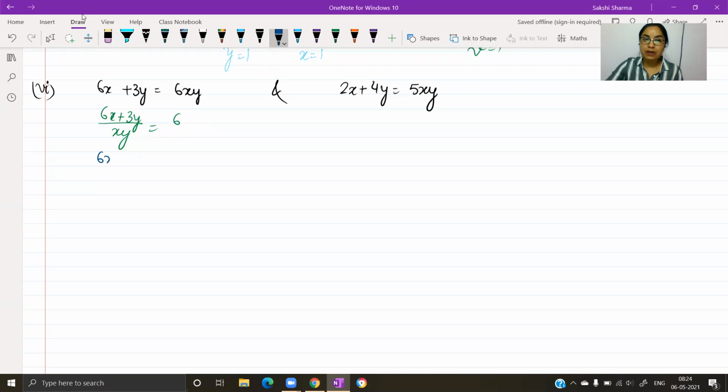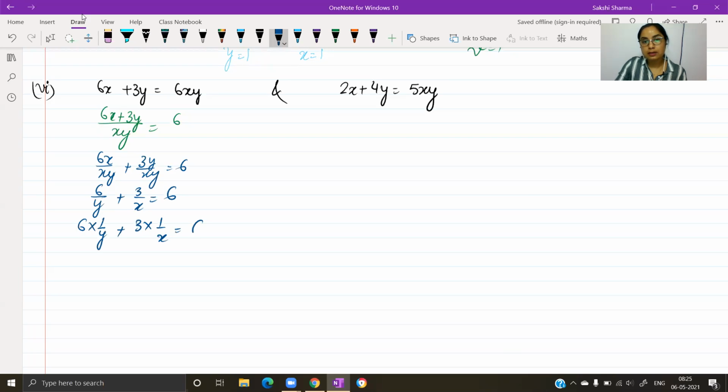So on simplifying, like the way we did in 5th part, separating the denominator, you get 6 over y plus 3 over x equals 6. You may take 3 common if you want. And then you may replace the fractional parts containing the variable with new variables.